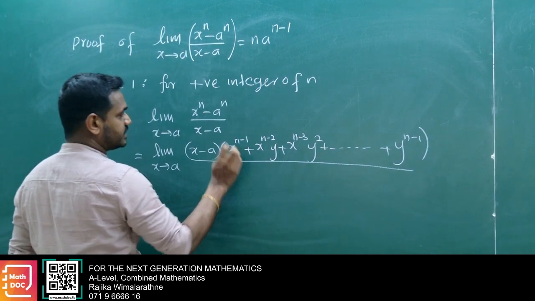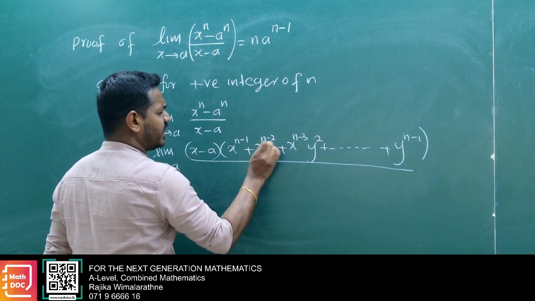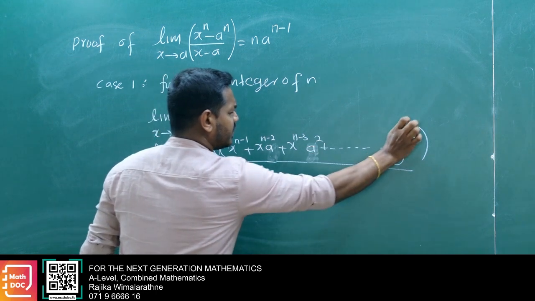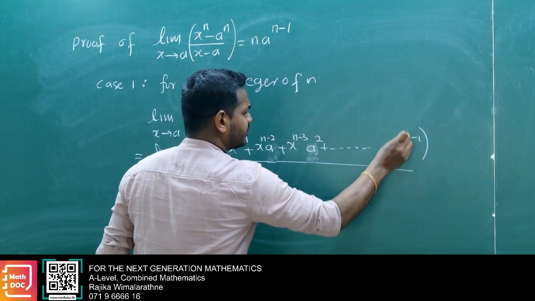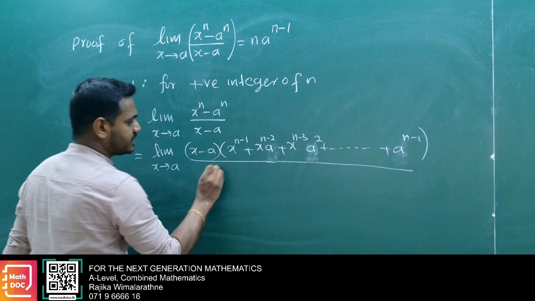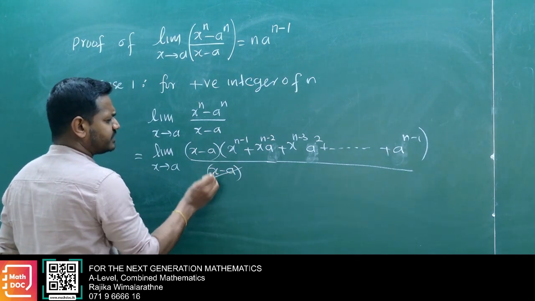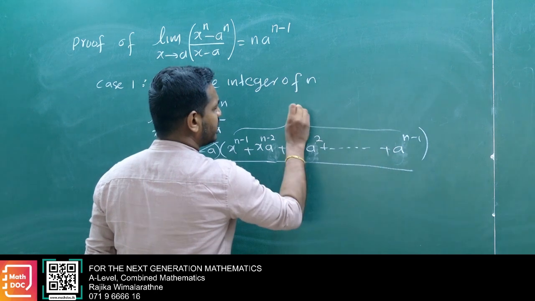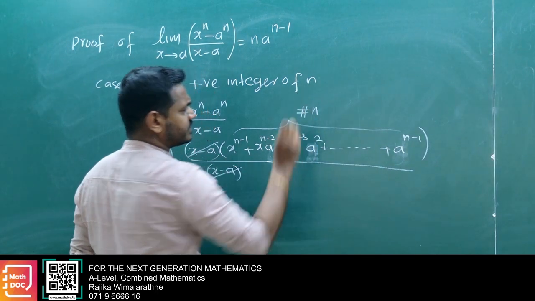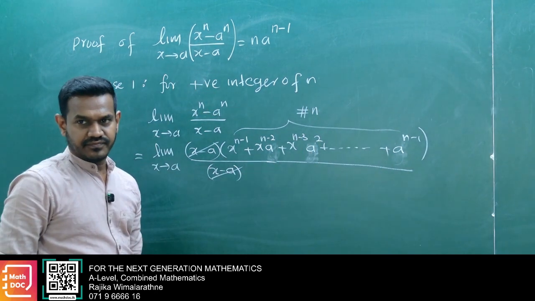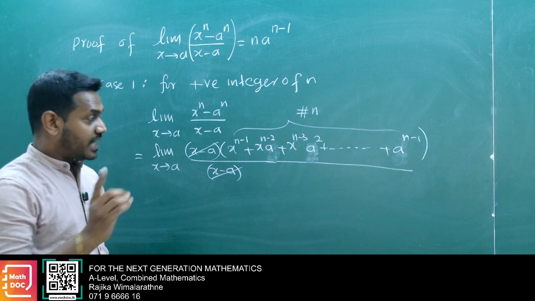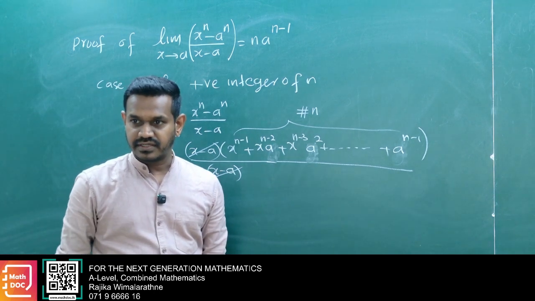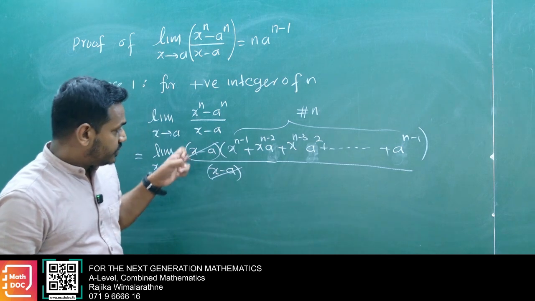Not y, no, that is a. Here a square, here a to the power n minus 1, over x minus a. Now cancel this factor. Now we know there are n number of terms, no? After cancelling this factor, that undefined case has gone. It has gone now. Then you can substitute.